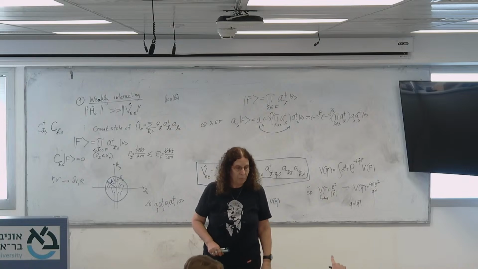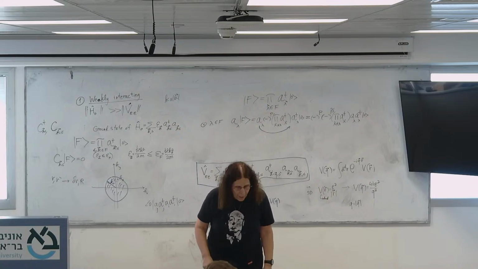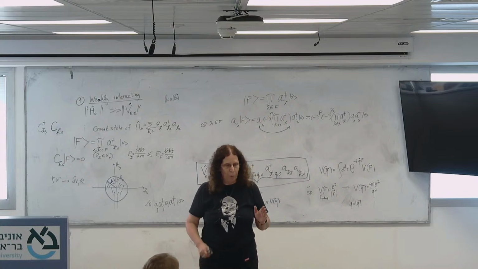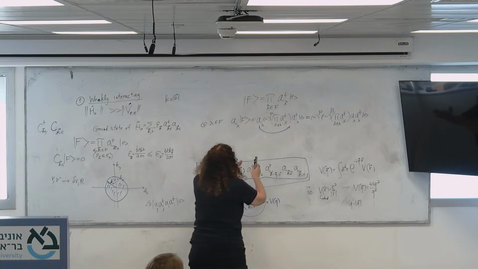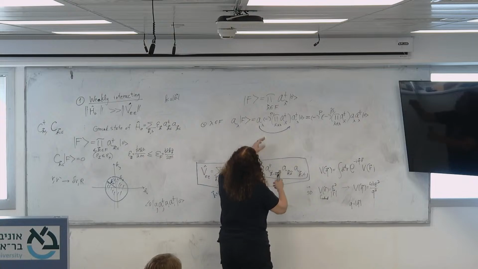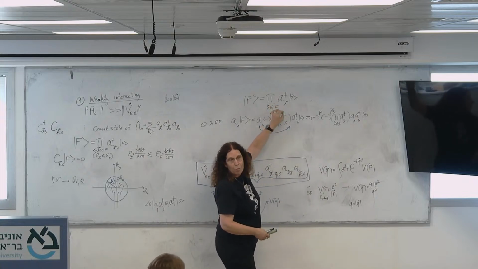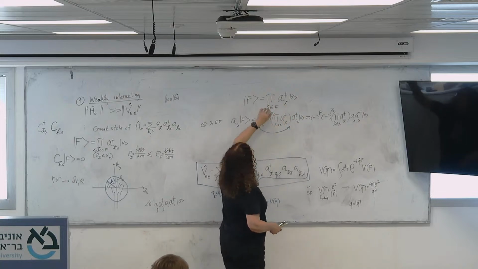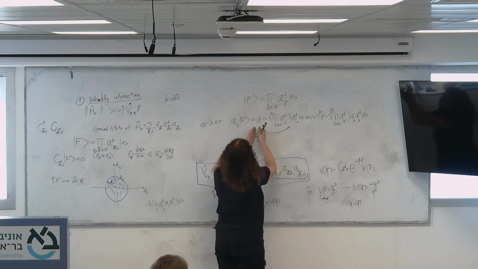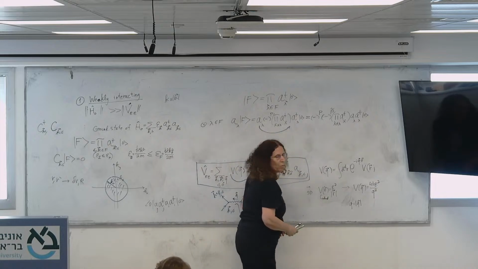Exactly. I want to do two things. First of all, out of the many lambda primes, I want to cherry pick this one lambda that I'm interested in and reshuffle it to the right.